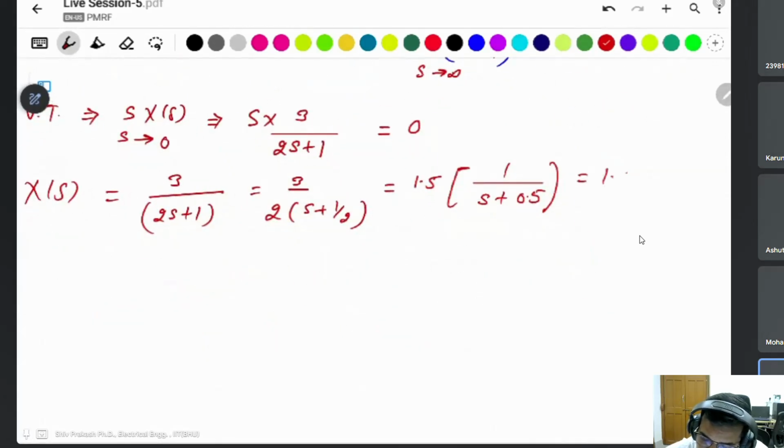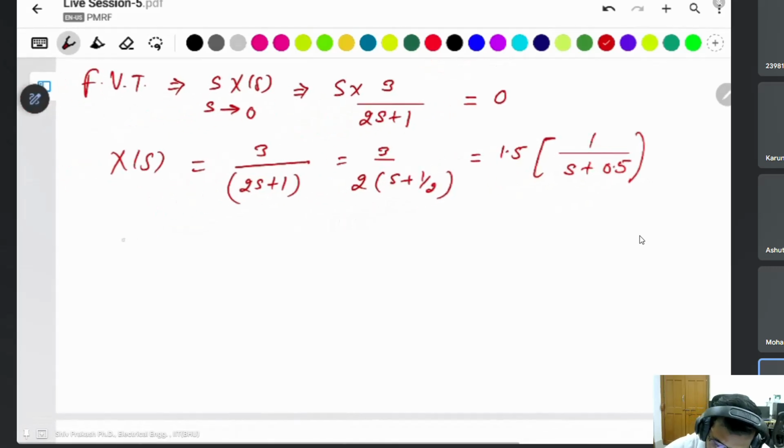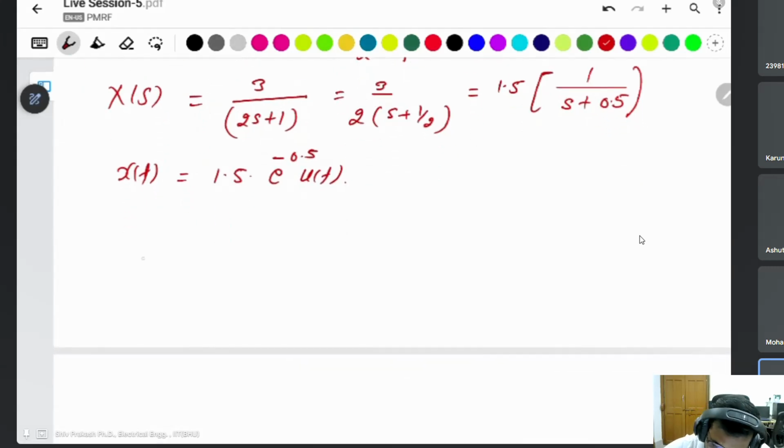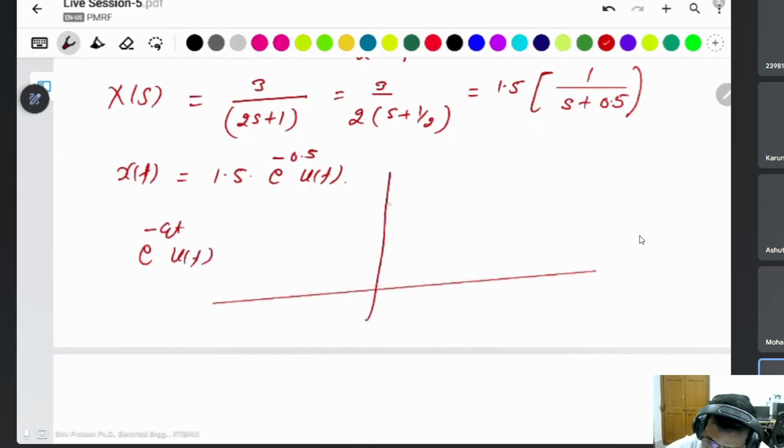What is the inverse Laplace of this one? You can say 1.5 e to the power of minus 0.5 t u(t). Then what is the waveform of e to the power of minus a t u(t)? This will be this one.